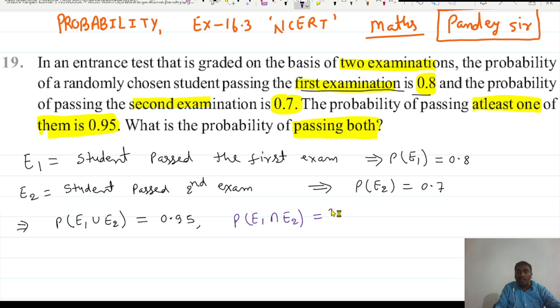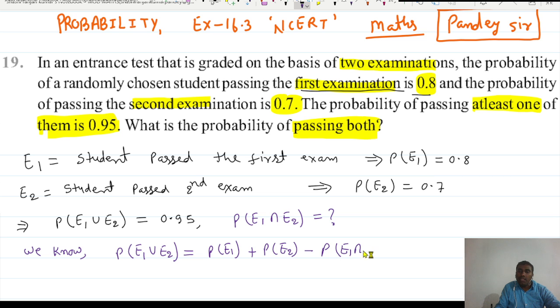We know the formula for two events: probability of E1 union E2 is probability of E1 plus probability of E2 minus probability of E1 intersection E2.